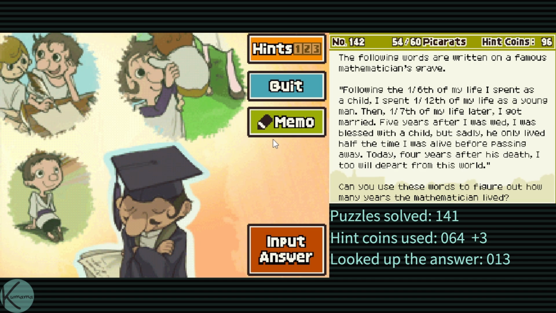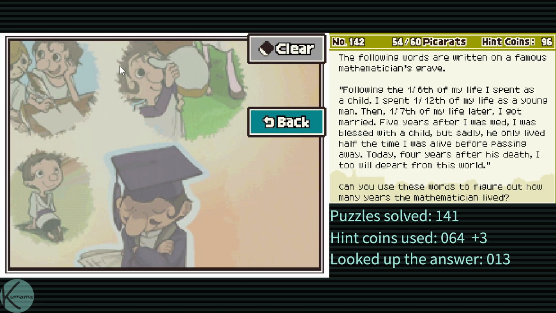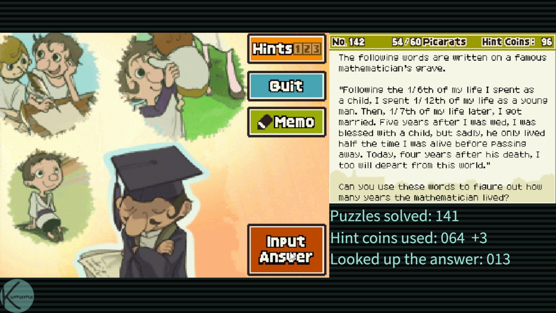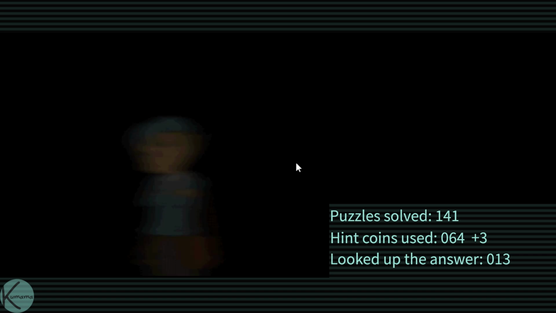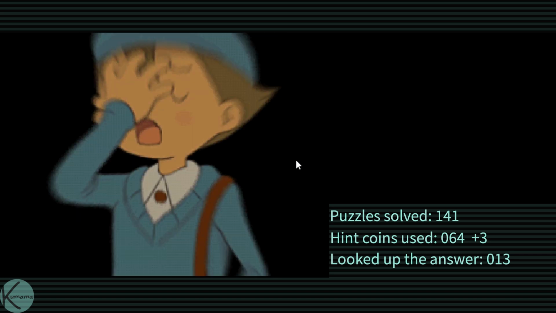Okay. So is he 108? The big reveal of him with a white beard and he's just really old?